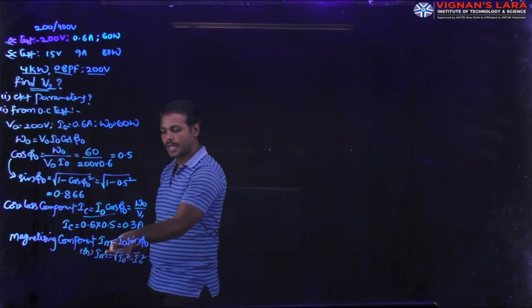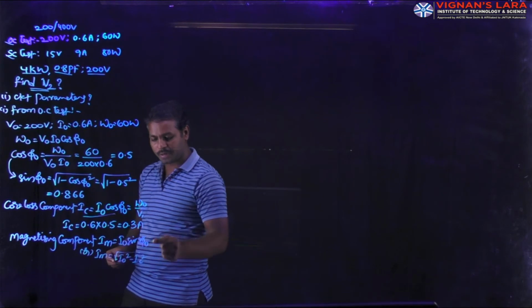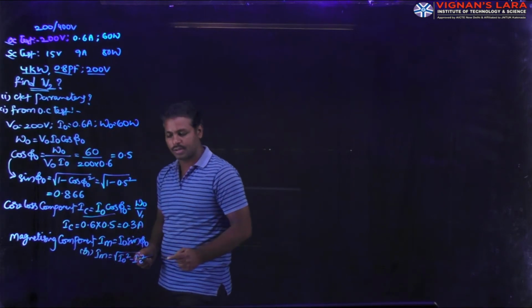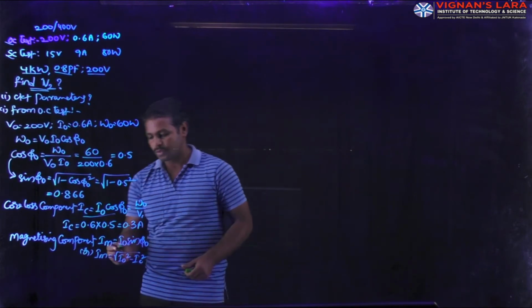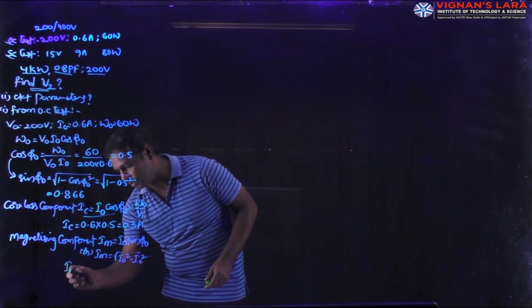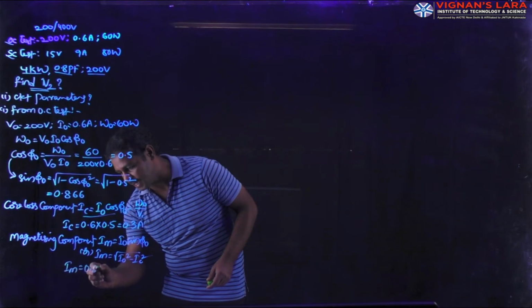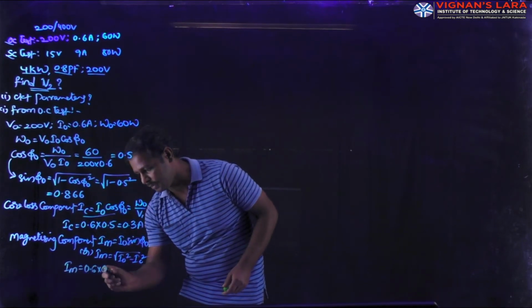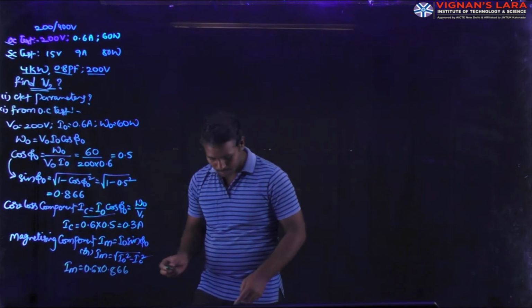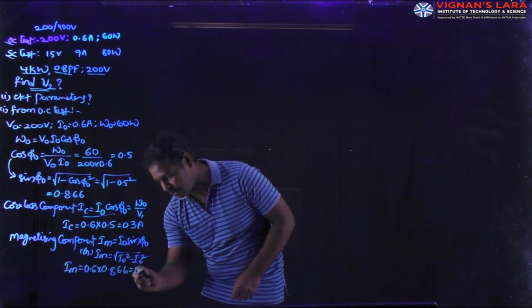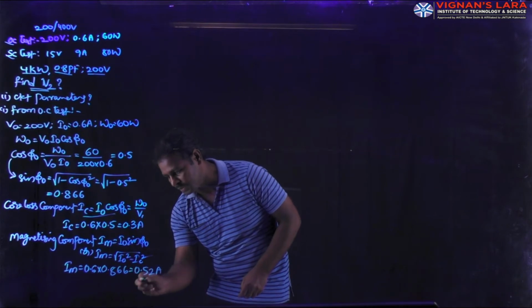We can use either one. Here IM is equal to 0.6 multiplied by 0.866, which is 0.52 amperes.